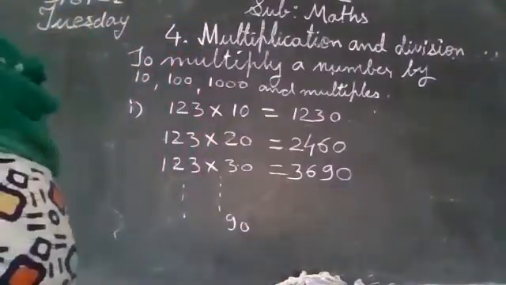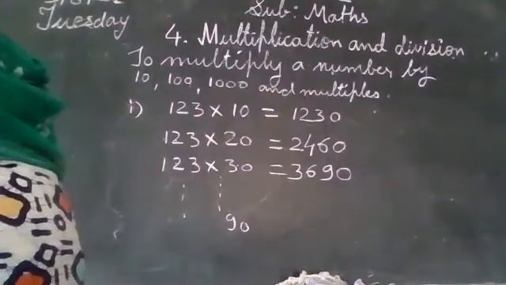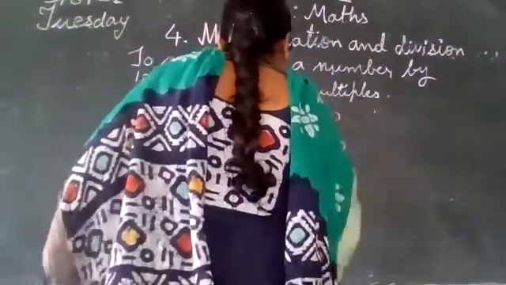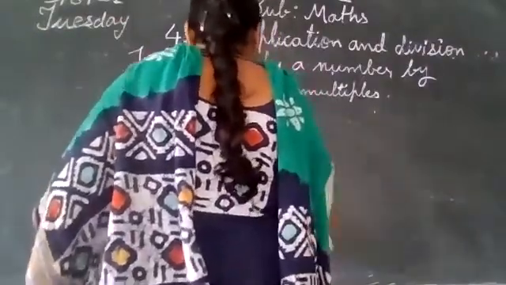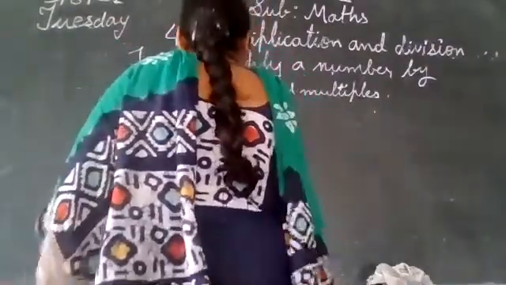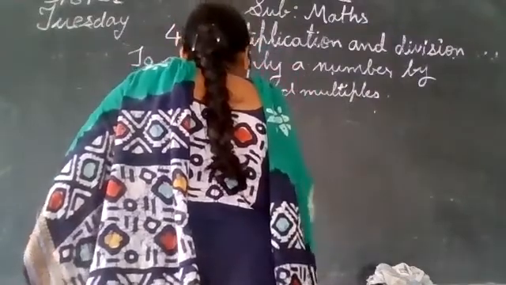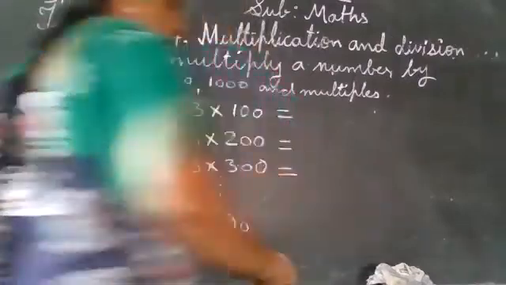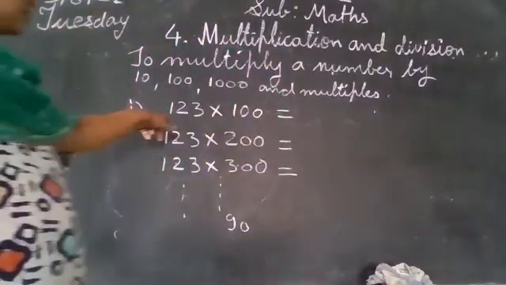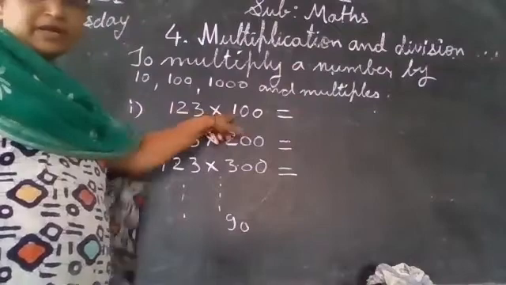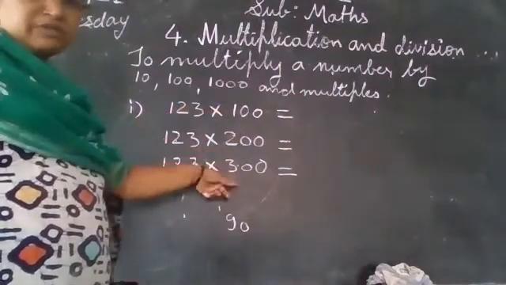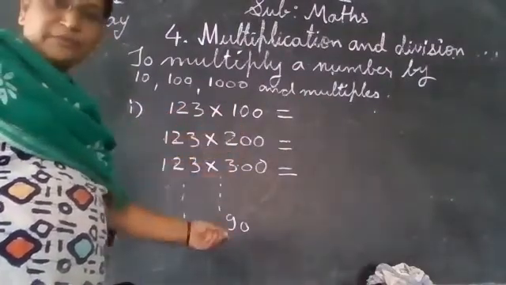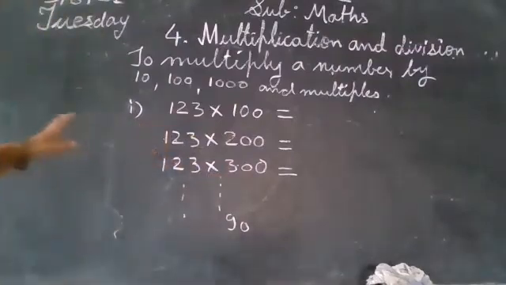Got it, beta? Now let us learn how to multiply by 100. Now a number is multiplied by 100 and the multiples of 100, meaning 200, 300 up to 900.